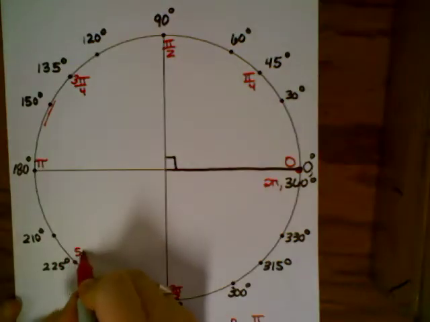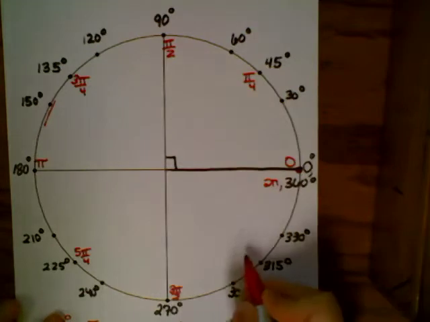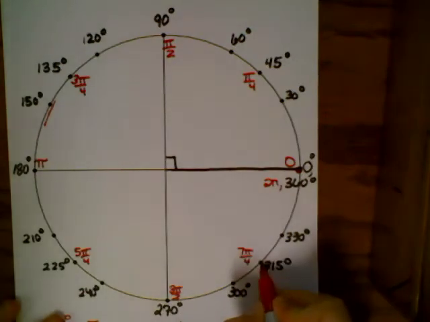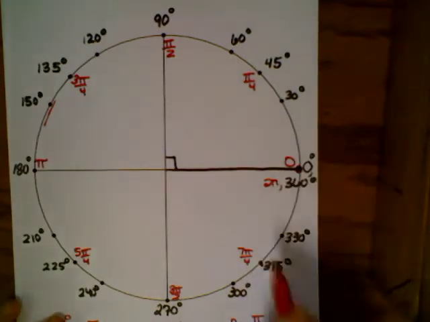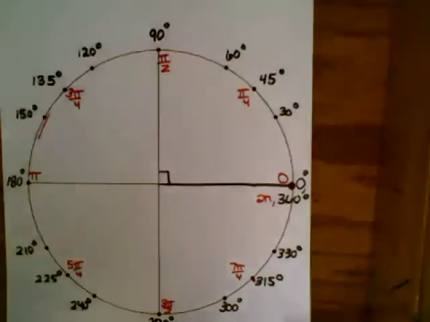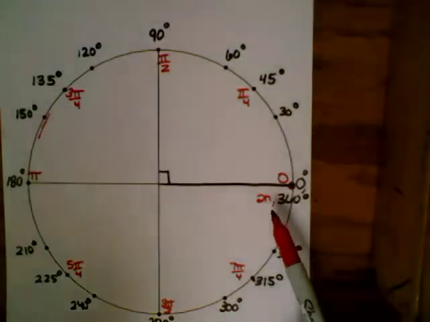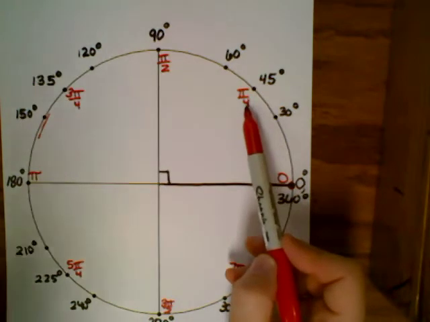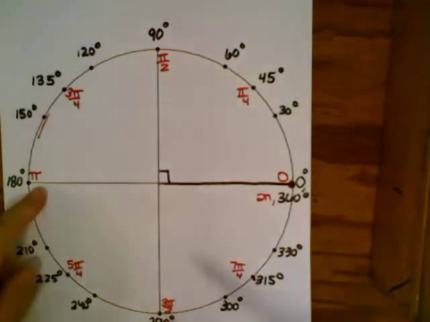Then we move to 5 pi over 4 in the third quadrant. 6 pi over 4 is already labeled and simplified. 7 pi over 4 here in the fourth quadrant. And then 8 pi over 4 right here, already simplified as 2 pi. Okay. So we've bisected all the quadrantal angles, and we notice that all of the fractions would have a denominator of 4, 2, or maybe a denominator of 1 if it's been simplified.